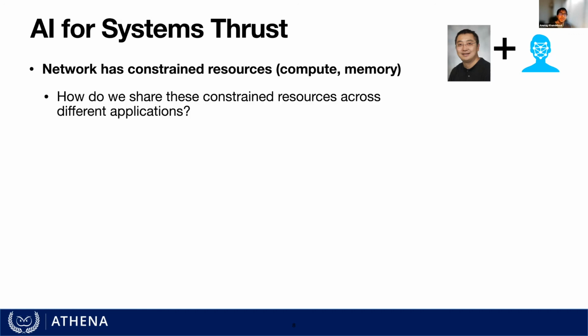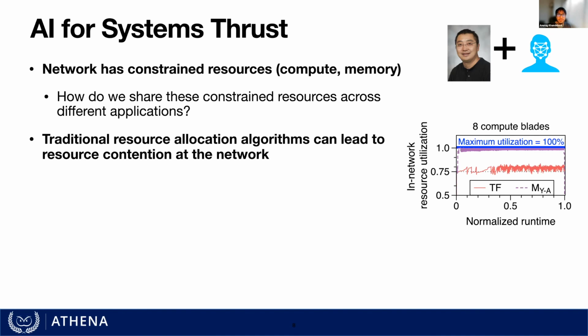So the question is, how do we share these constrained resources across different applications? And what we found is that traditional resource allocations can actually lead to high resource contention within the network, and we want somehow to resolve this.